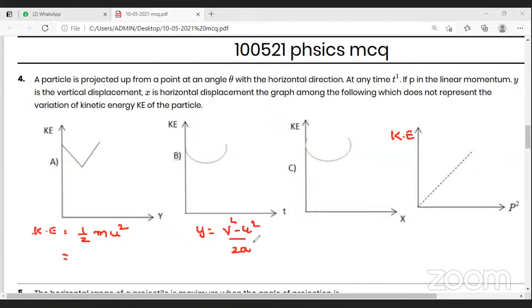Then what is the equation for v square here? At any particular condition, v square can be written as 2ay plus u square. So kinetic energy is half m into, in this velocity square, initial velocity square, it is any velocity you can consider, plus 2ay.